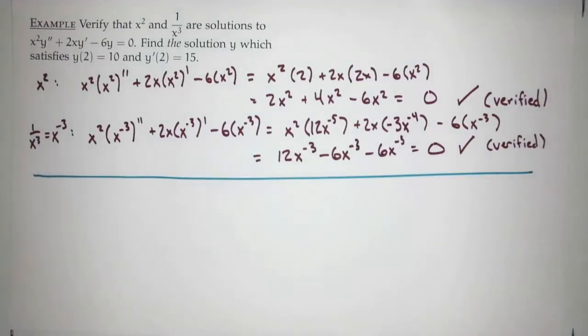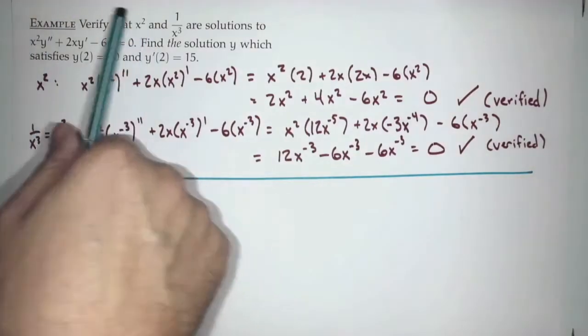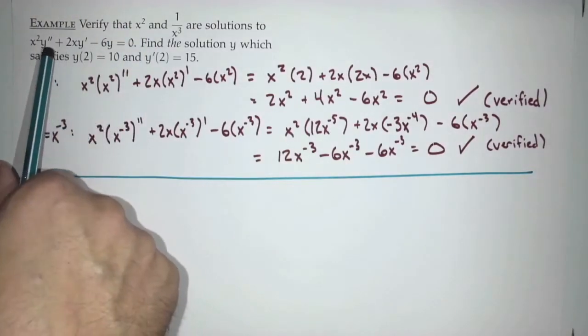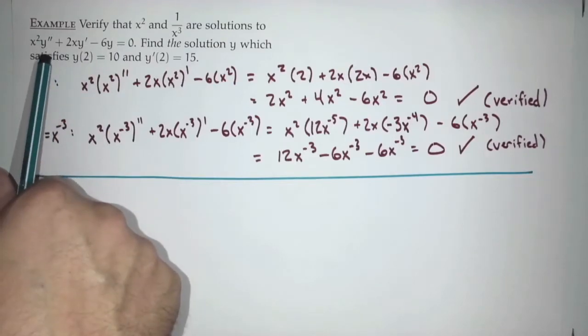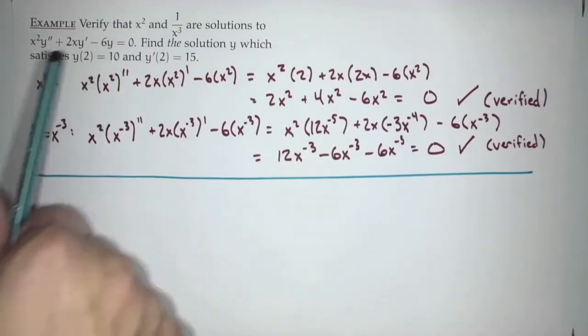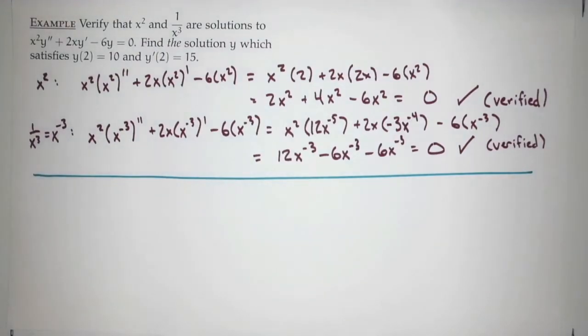So now we want to find the solution. And you might think, oh, man, we got to start from scratch, right? No. We've got 2 solutions. And we look at this and say, well, what kind of differential equation is this? What can we see? It's linear. It's linear and it's homogeneous. That says we have the principle of superposition.